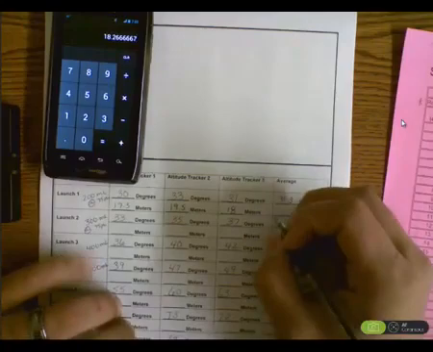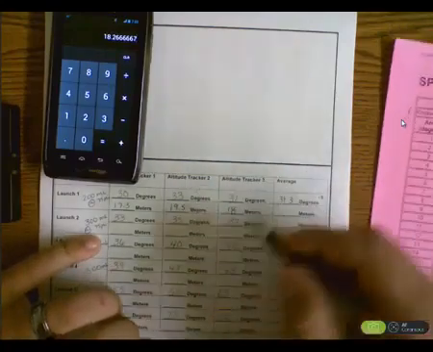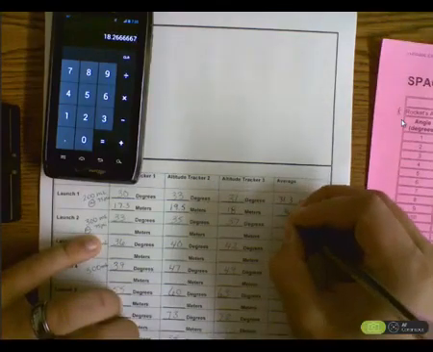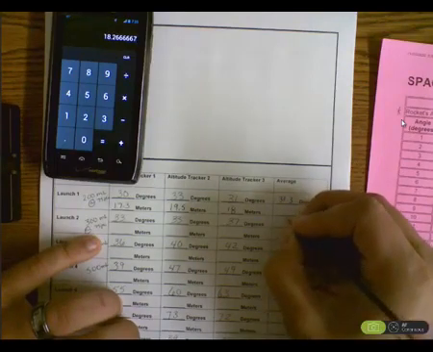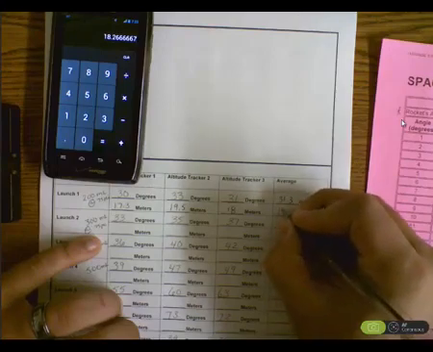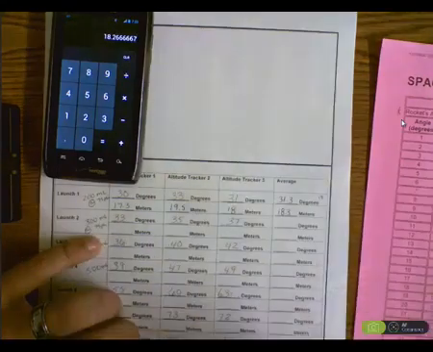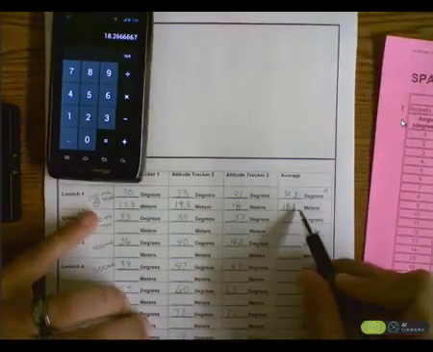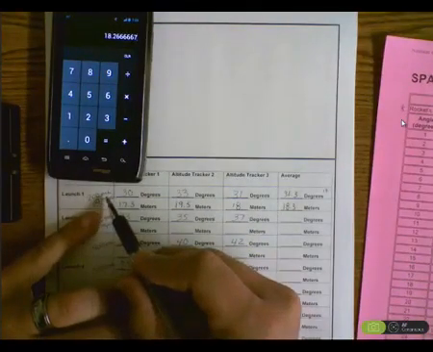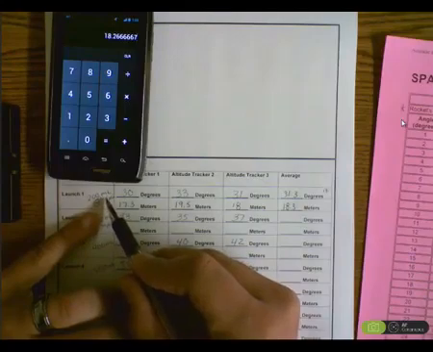So my average meters equals 18.2, and I could round that to 18.3, I suppose, because the 6 would round that 2 up to a 3. So my average height is 18.3 meters for 200 milliliters of water at 75 psi.